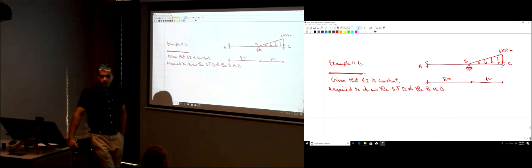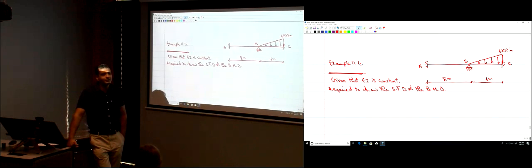If you try to draw the shear force and bending moment diagrams using what you learned in structure analysis 1, you're not going to be able to do it, just applying the equations of equilibrium to find the reactions. How many reactions do you have here? 7 reactions: 3 at A, 3 at C, because those are fixed supports, and 1 at point B, because that is a roller support. And how many equations of equilibrium do you have? 3. So it's impossible to find 7 unknowns using 3 equations.